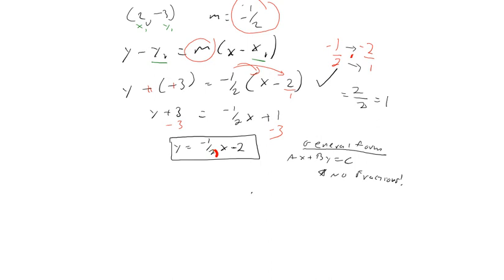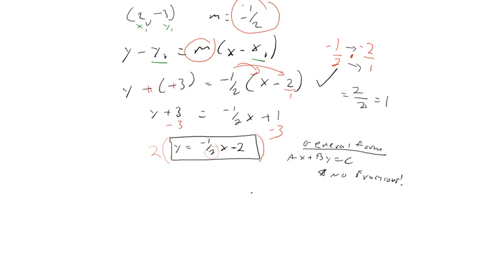So what I'm going to do is multiply the entire equation by 2. That's multiplying every single piece by 2, and that's going to cancel this 2 on the bottom.